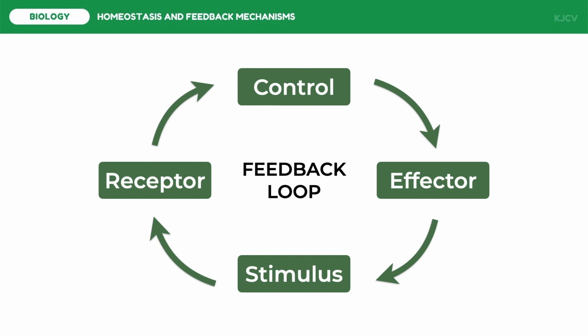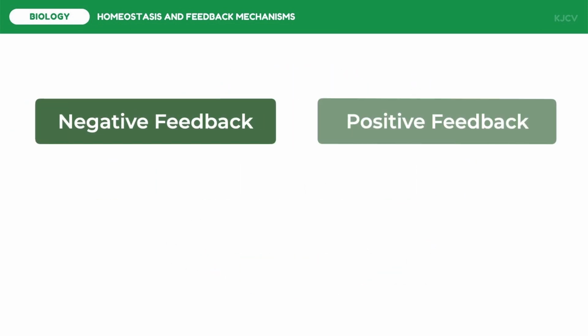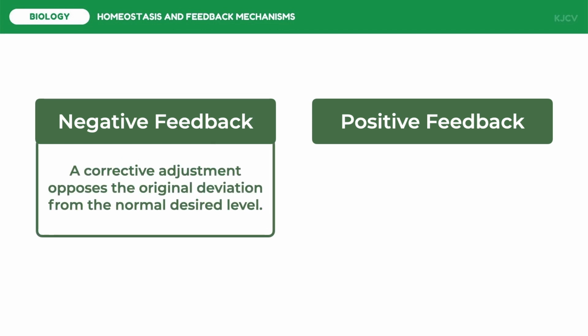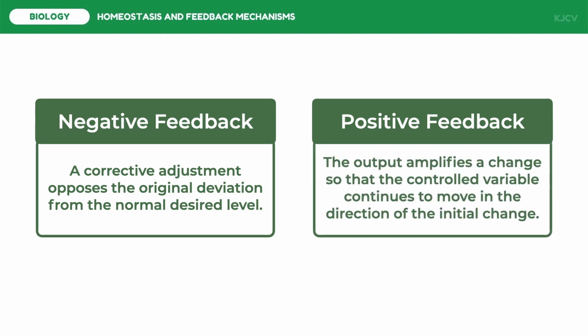There are two types of feedback loops. We have negative feedback and positive feedback. In negative feedback, a corrective adjustment opposes the original deviation from the normal desired level. On the other hand, in positive feedback, the output amplifies a change so that the controlled variable continues to move in the direction of the initial change.